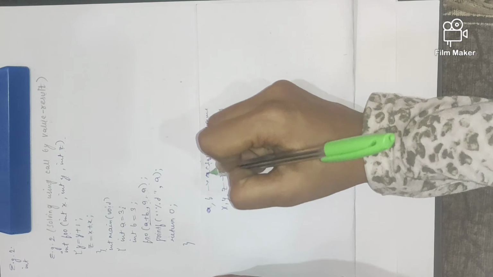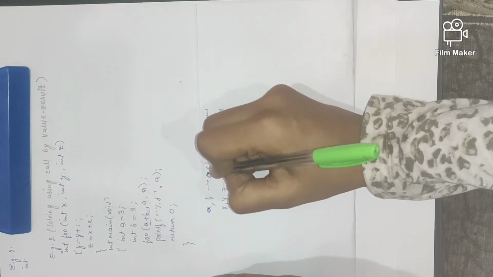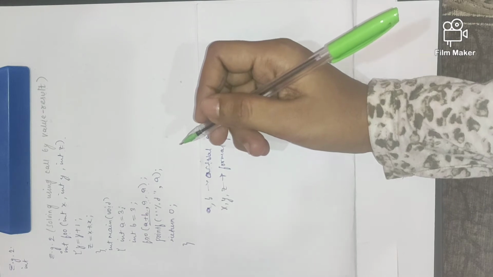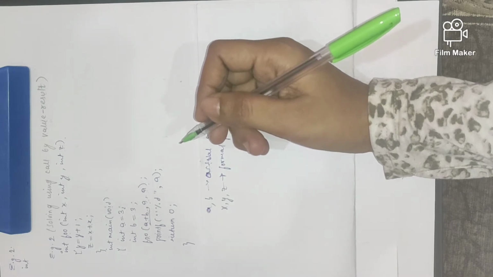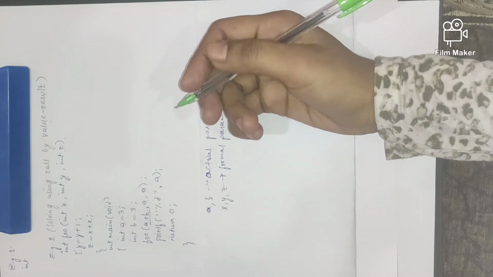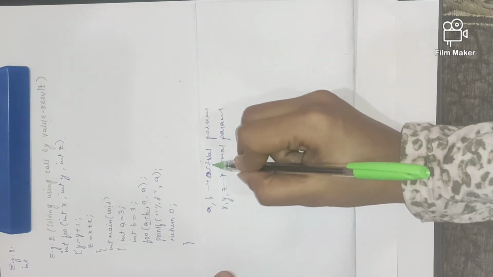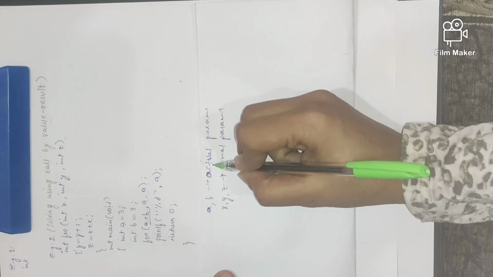Now in call by value result, as we know, at the end of the function the value of the formal gets copied into the actual, and it is similar to call by value. It stores the values of the formal and actual parameters in different memory.